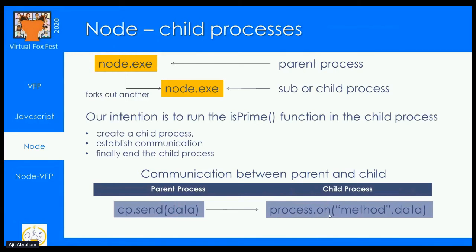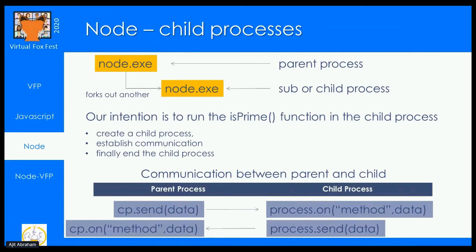Note that the process.on first parameter, message, is compulsory. If the child wants to send data to the parent process, then the child will use the process.send method. And finally, the parent's listener method is cp.on, which captures the data sent by the child. Once again, the parameter message is compulsory.